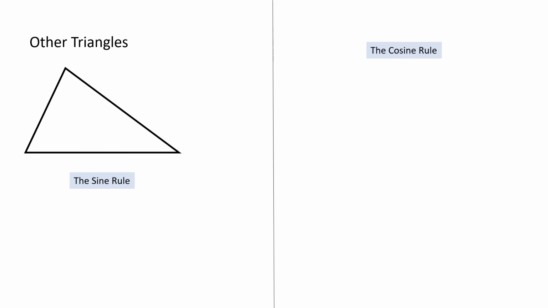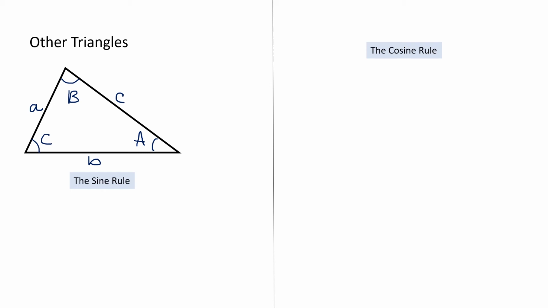This side length is equal to a, this side length is equal to b, and this side length is equal to c. The angles opposite to these sides: this angle is opposite to small a, so let's denote this angle as A, this angle as B, and this angle as C.